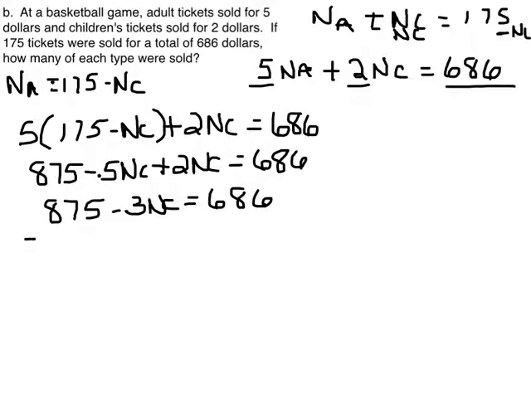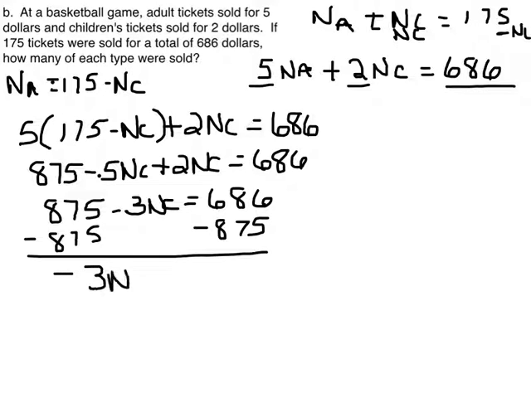Alright, then I'm going to subtract 875 from both sides. And I will see that negative 3NC is equal to negative 189. Divide both sides by negative 3.